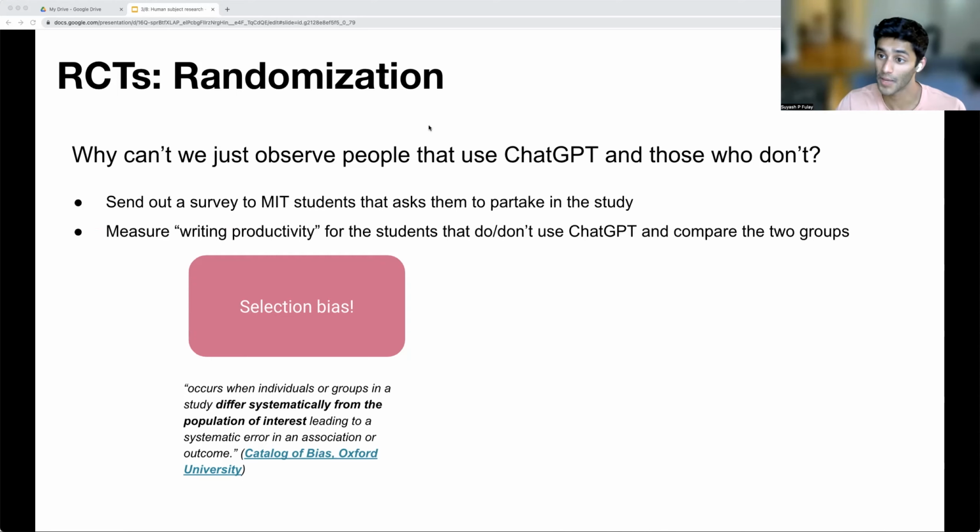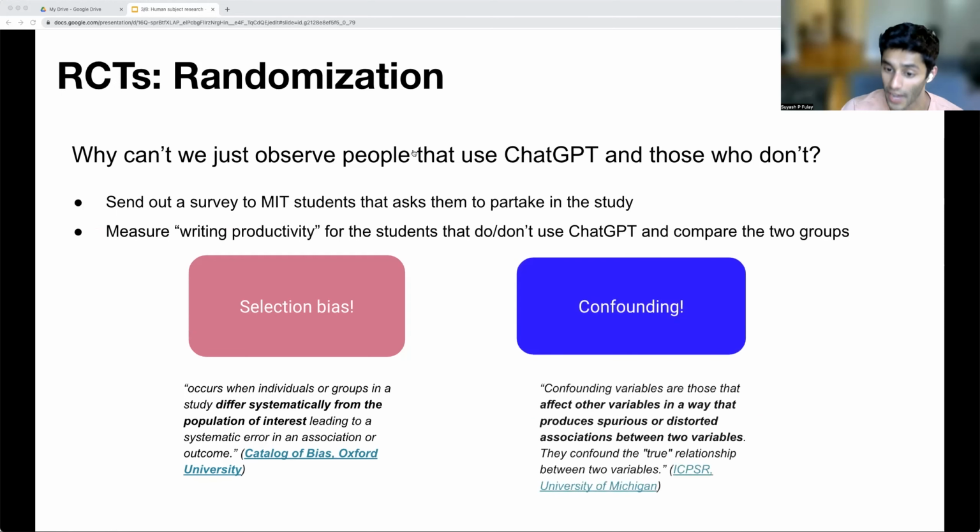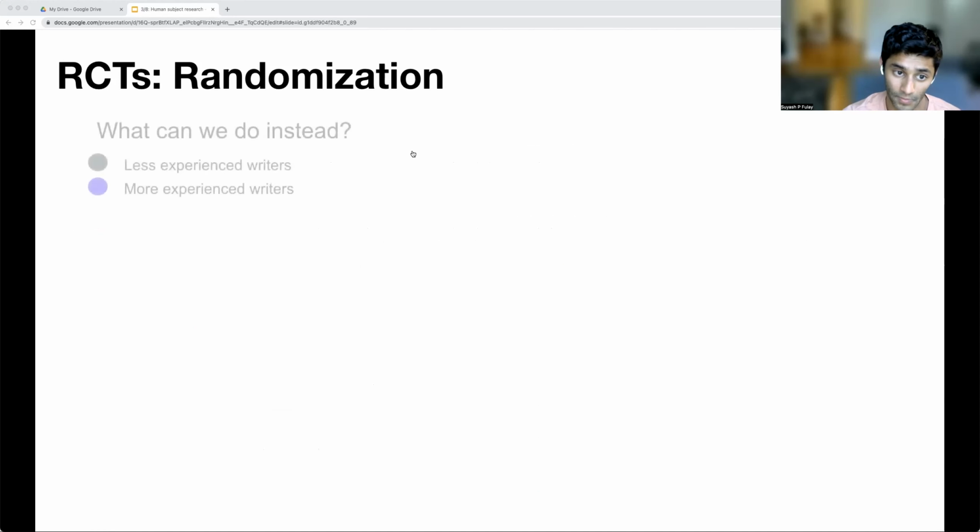And so the effect that we detect for MIT students might be systematically different than the effect that would happen when we actually, let's say, introduce ChatGPT into the workforce. So that selection bias can be a problem depending on how you actually recruit the participants into your study. The second is confounding. And we're going to actually go through an example of confounding on the next slide.